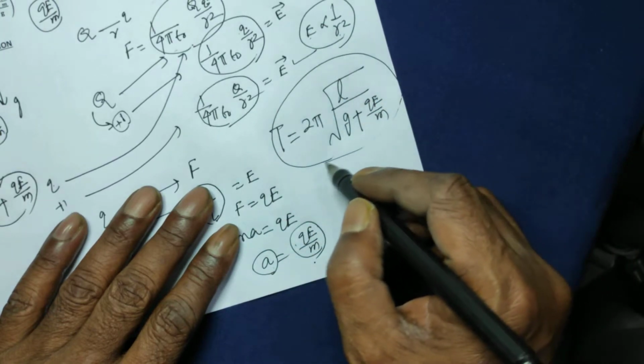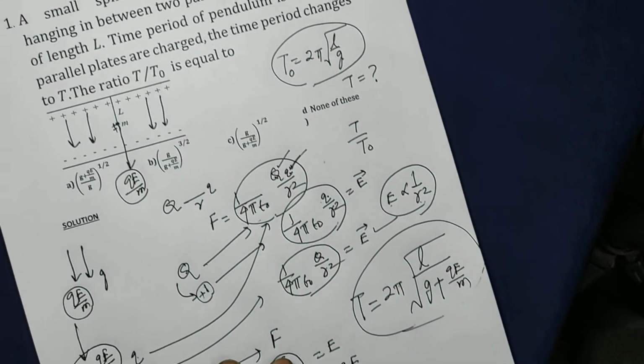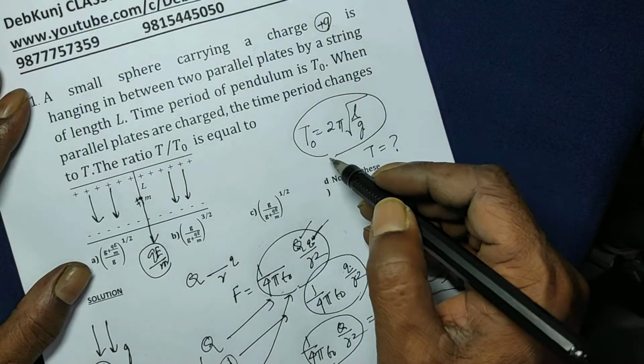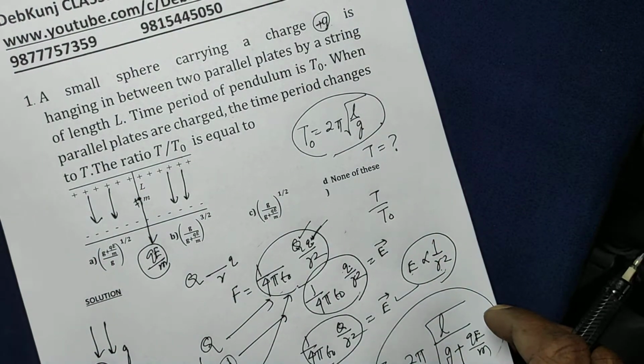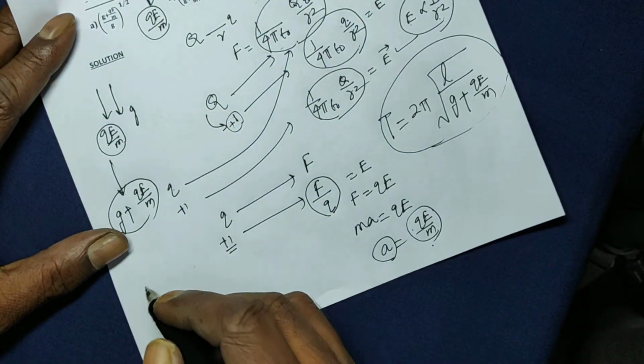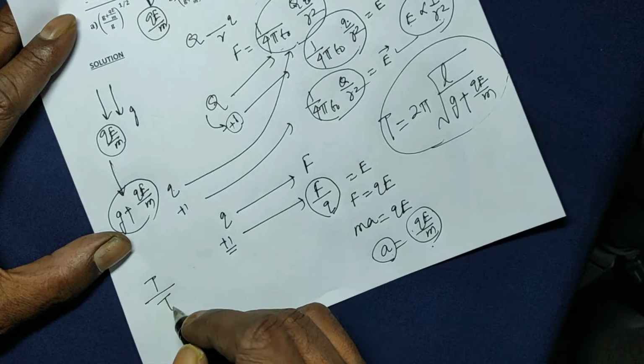So this is the time period after both the plates are charged, and this was the time period before the plates were charged. Now you divide T over T naught.